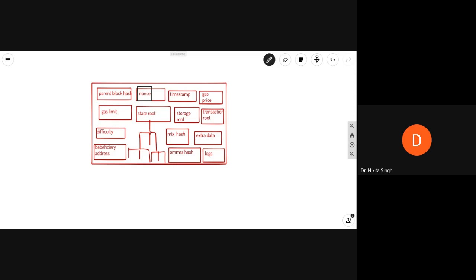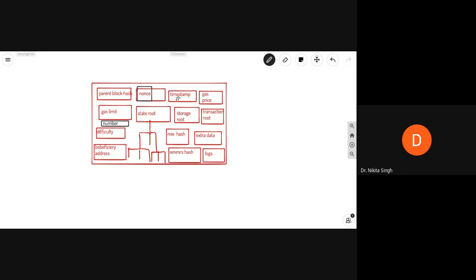All right. Then we have number, which is the block number. Here you can see you have a number. I haven't used that field, but yes, there will be another field which is called the number, which will give you the block number.